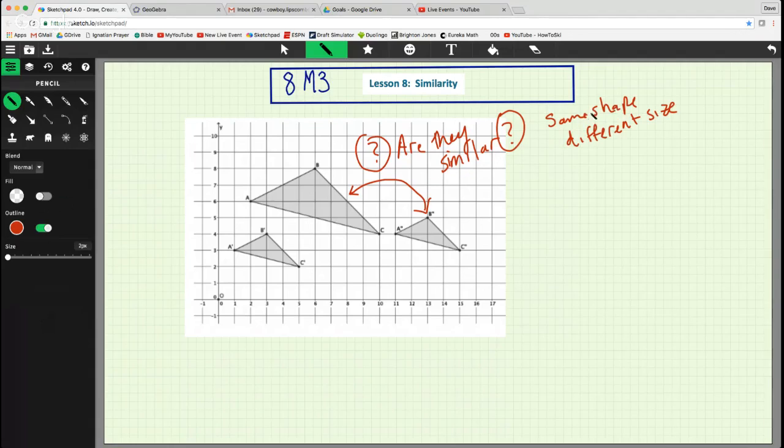So one, if you can see same shape, different size, that would be a check. But it's kind of hard to see if they're exactly that way. Are they exactly a different size? Are these exactly opposite angles? So that's one question.